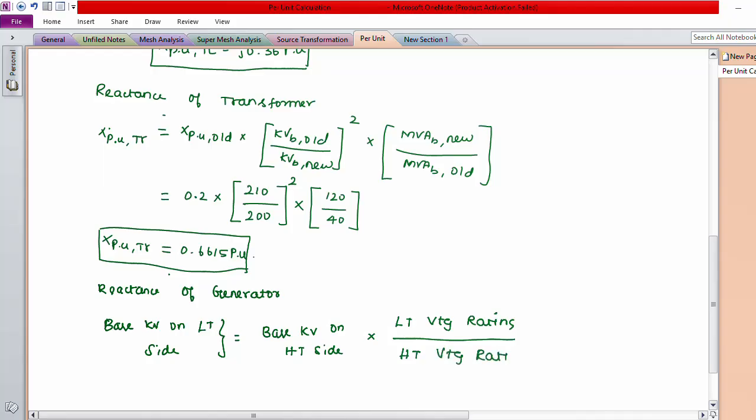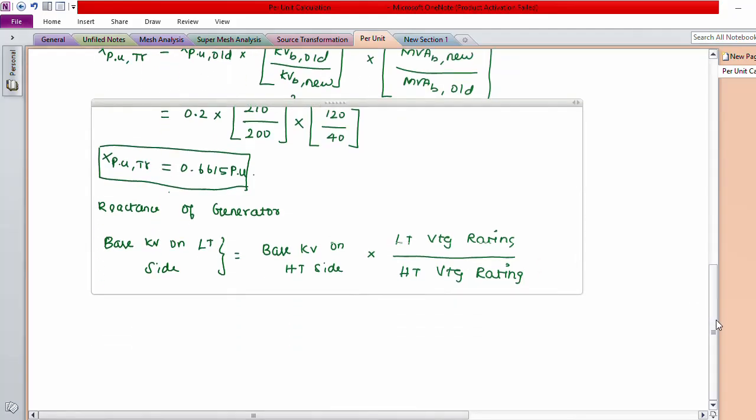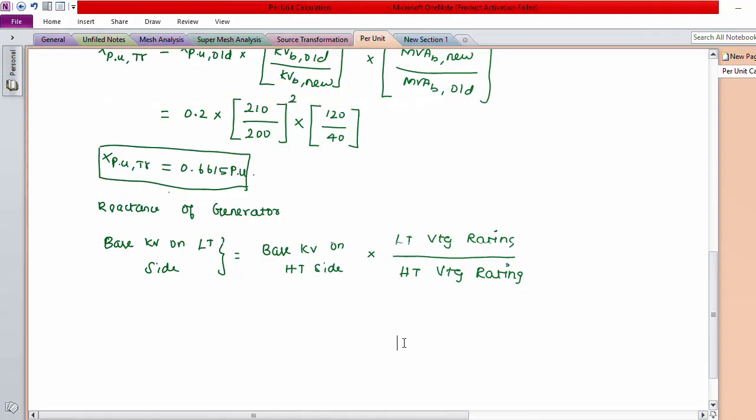So here this HT and LT voltage rating we have to take from the transformer. So what is the HT rating and LT rating given for the transformer, that is 210 kilovolt and 10 kilovolt. So we have to substitute here for that LT and HT rating.